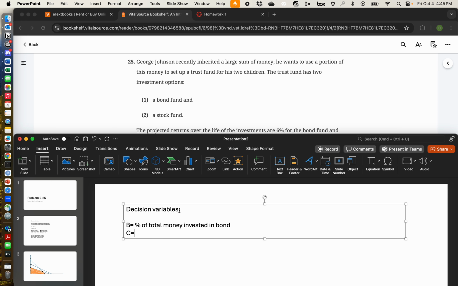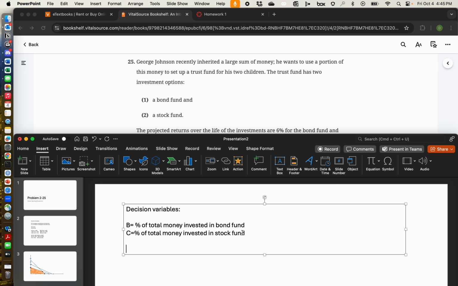And C is the percent of total money invested in the stock fund. Okay, so those are my decision variables.